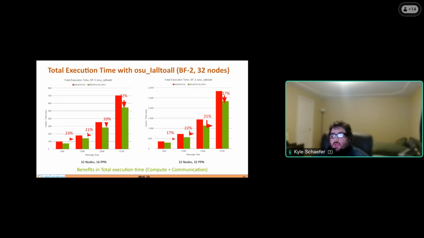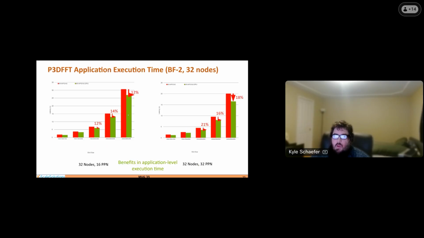So here's an example of the overlap percentage that we're getting. We're overlapping communication with computation. We're running the OSU all-to-all benchmark using BlueField 2 devices on 32 nodes, so 32 nodes with 16 ppn, and 32 nodes with 32 ppn.